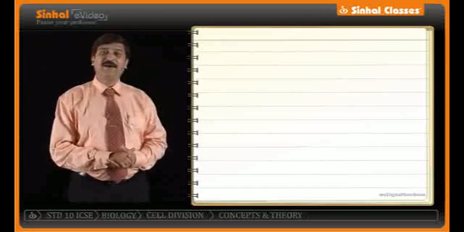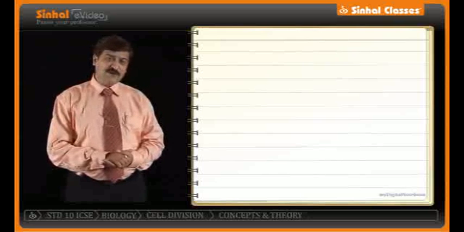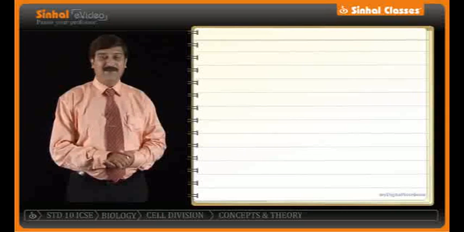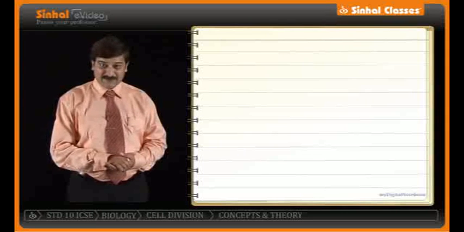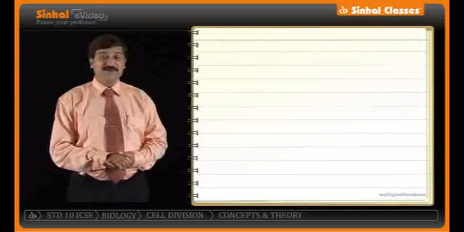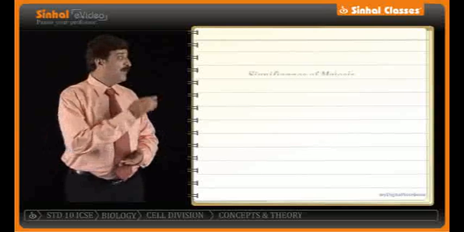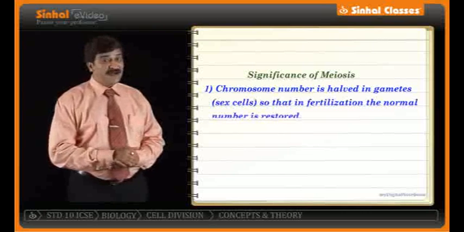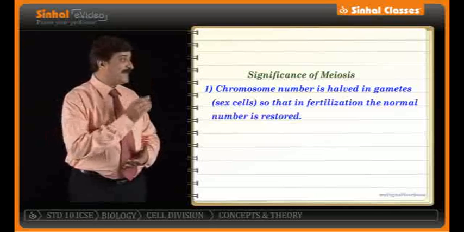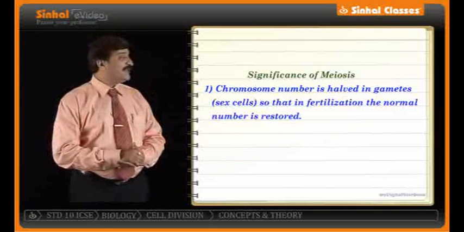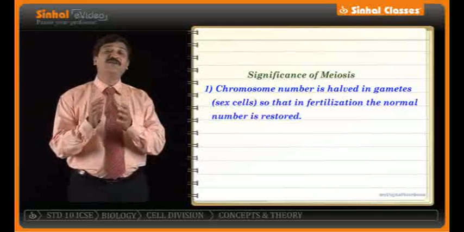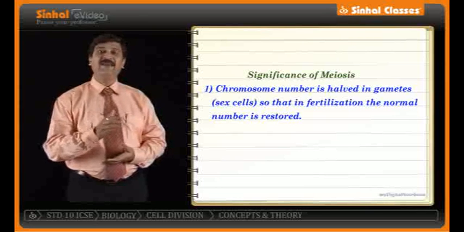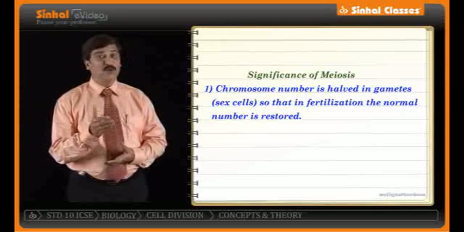After studying the entire part of meiosis, let us also account for the significance of meiosis, followed by the comparison between mitosis and meiosis. The first significance of meiosis is that the number is halved in gametes, that is the sex cells, so that fertilization will result in restoring the normal number of chromosomes, that is, n plus n fusion will result in 2n.